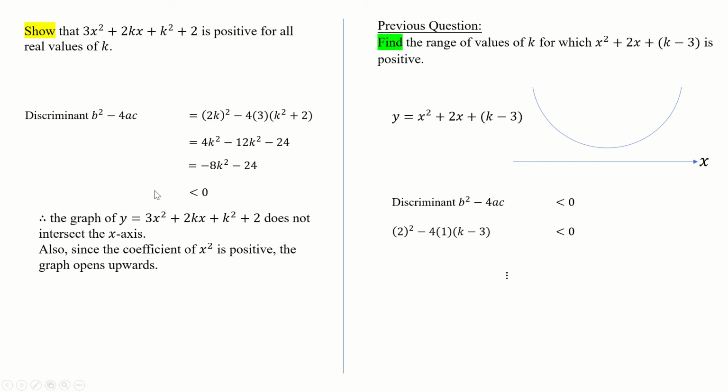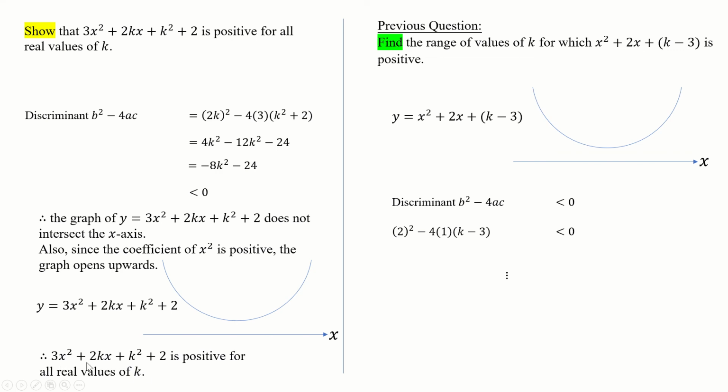We make this conclusion after calculating that the discriminant b squared minus 4ac is less than 0. Then we also say that the coefficient of x squared is positive, so the graph opens upwards and looks like this. And then from here, we can conclude that 3x squared plus 2kx plus k squared plus 2 is positive for all real values of k. And then we are done.